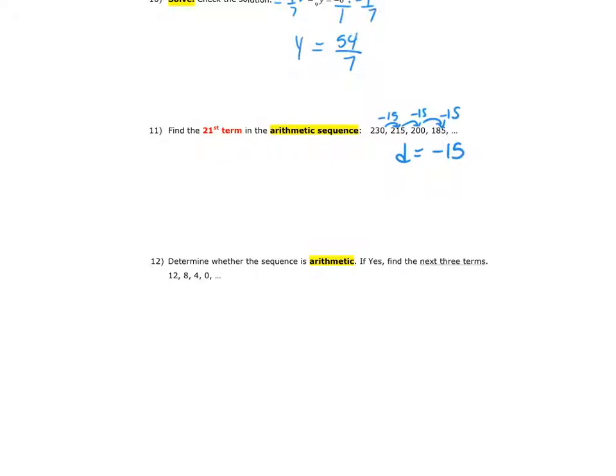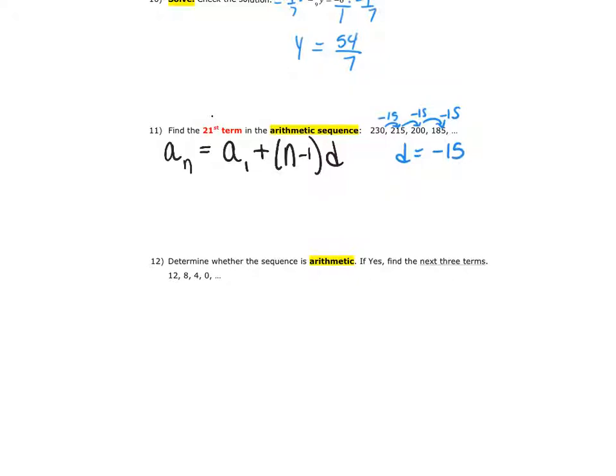Because we are subtracting 15 20 times from the original first term, the mathematicians gave us a formula which says when you have an arithmetic series, to find the nth term, in this case the 21st term, you are going to take the first term and add n, so in this case 21, minus 1 times the common difference.